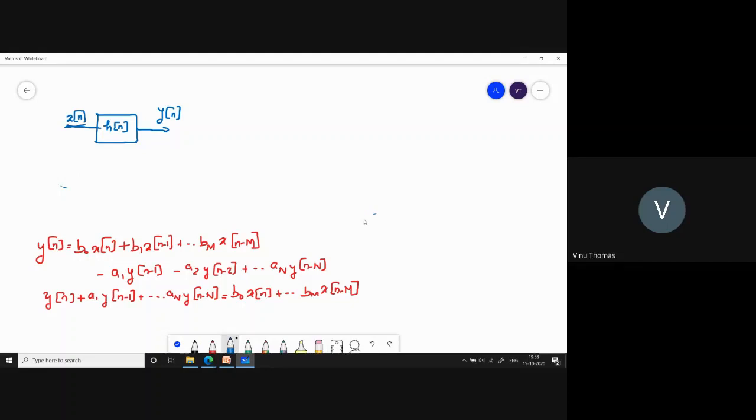Now you can write y of z plus a1 z raised to minus 1 y of z from the time shifting property plus etc. up to an z raised to minus n y of z, therefore can be written as b0 into x of z plus etc. up to bm into z raised to minus m into x of z.